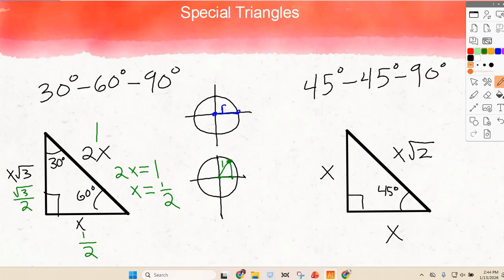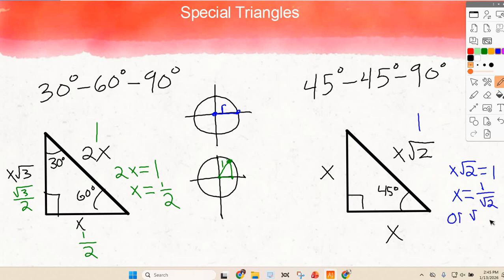Now we want to do something similar for our second one. So we have that this is going to equal 1 again. So what does that mean that x is? So if I divide, what would I have? 1 divided by the square root of 2?